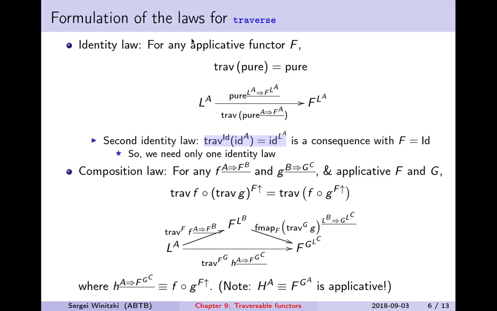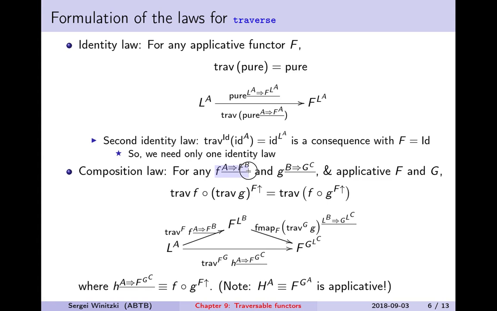So we really just need this one law. And the second one is a consequence. So let's forget it. So we have the identity law, which is this. And we have the composition law, which we can write like this in the short notation.